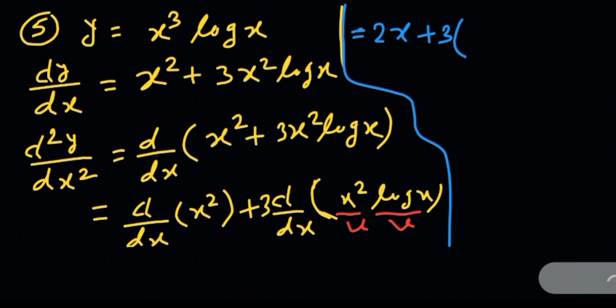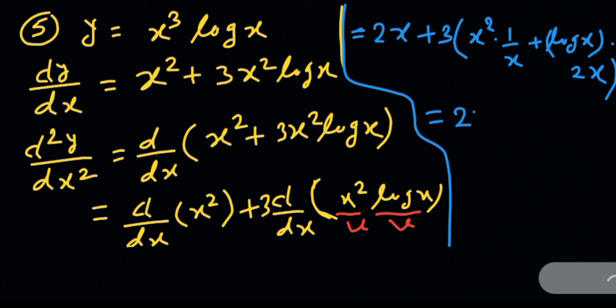now I am finding the derivative of x square log x. So x square log x, u into v formula, so u as it is, and the derivative of v, the derivative of log x, is nothing but 1 upon x, just now we discussed, plus v as it is, and the derivative of u will be 2x. So log x into 2x. If you simplify this, what will I get?